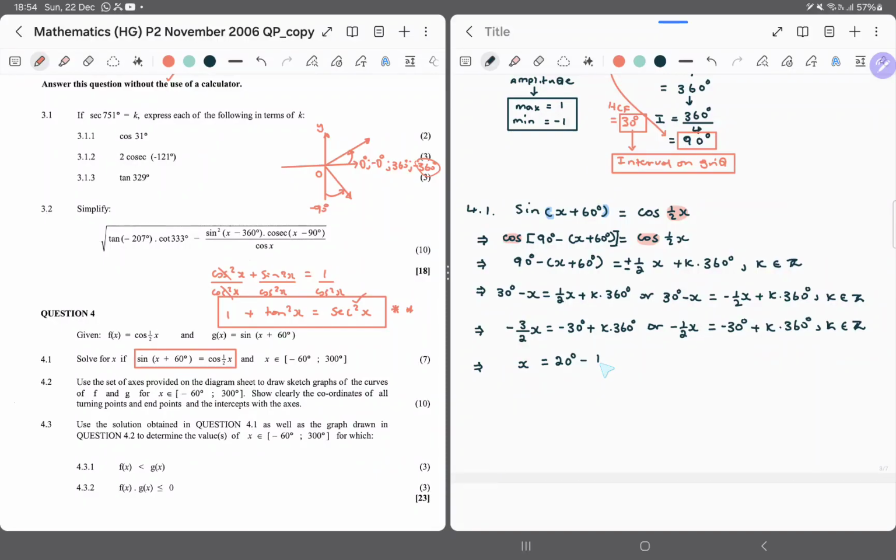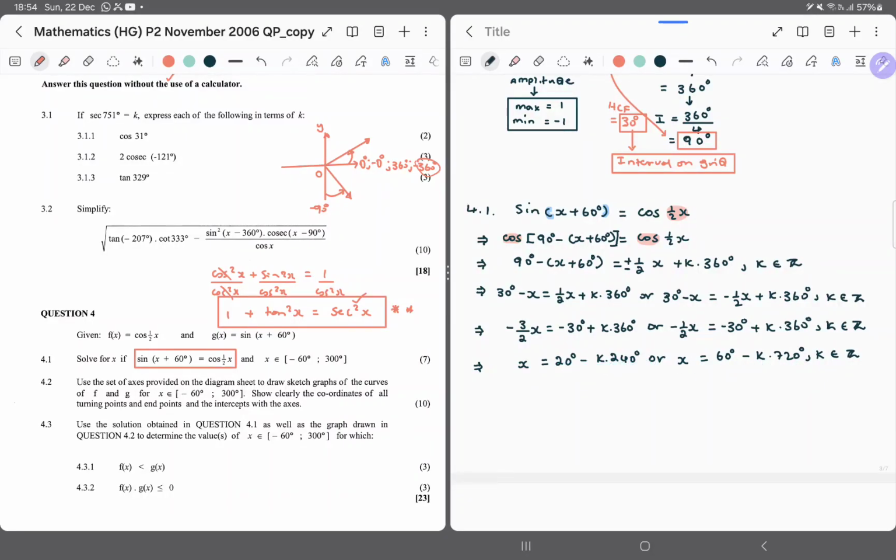So this is minus k times 240 degrees. Or we cross multiply the 2, we get minus 60, we divide by negative 1, we know that x is going to be 60 degrees minus k times 720 degrees, where k is an element of integers. Okay, we always write that.